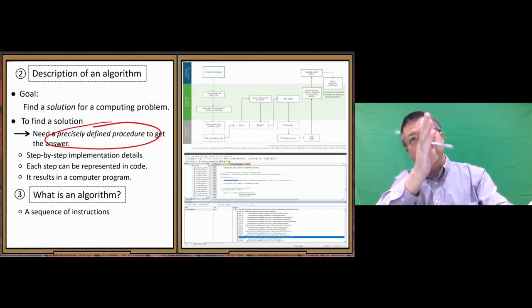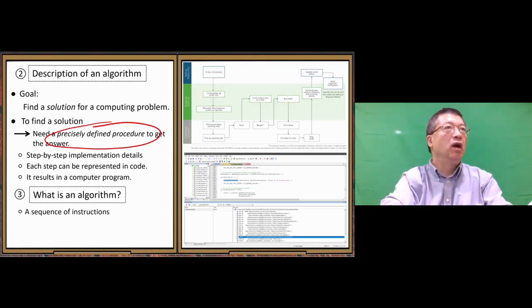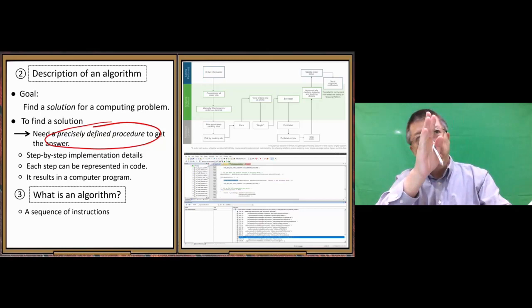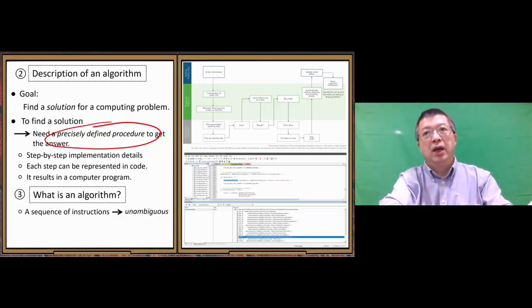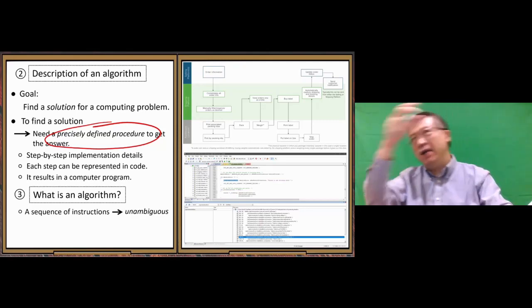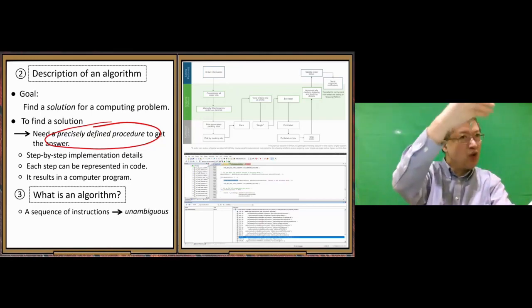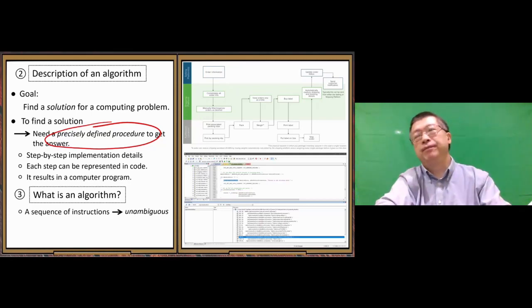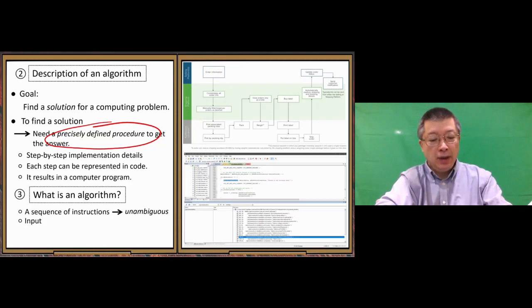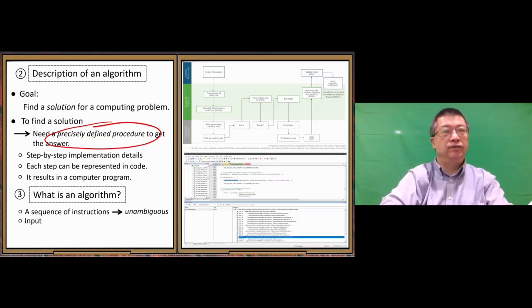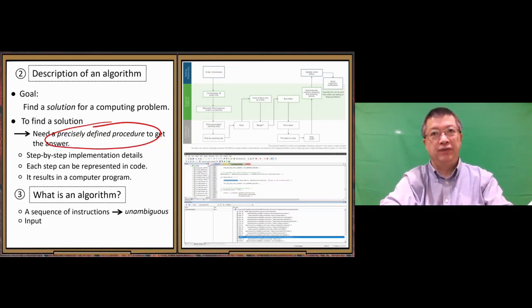To get an algorithm, you need to provide a sequence of instructions with some important properties. First, unambiguous. Instructions should not be ambiguous, this way or that way, so you need to describe it in a clear way. Second, the input. You need to satisfy some conditions for your input.